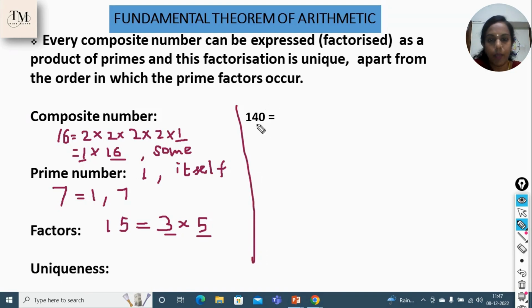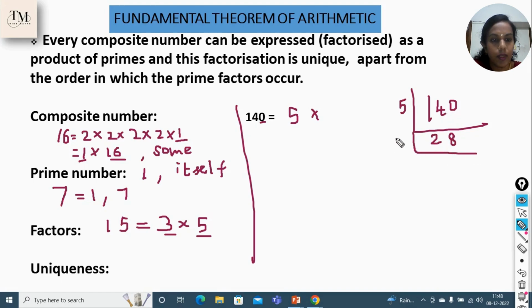Here I take the number 140. The number ends with 0, so it is always divisible by 5. So let us take the prime number 5 and start with it. 140 divided by 5: 5 twos are 10, remaining 4, so 28.